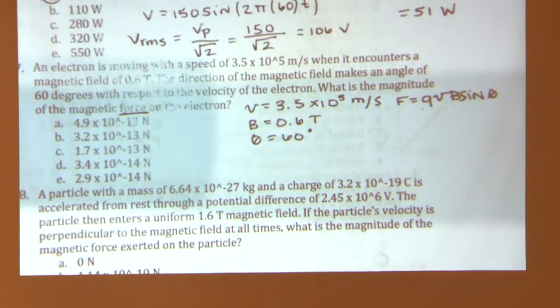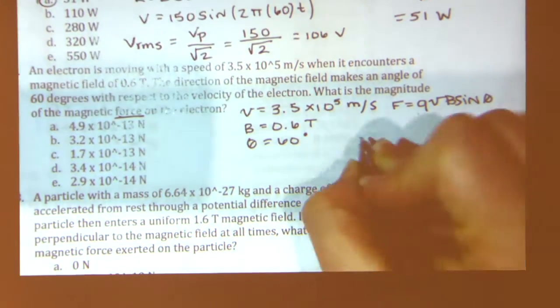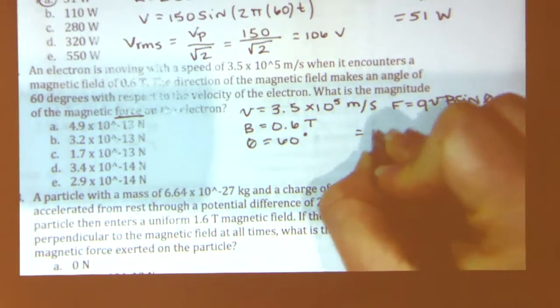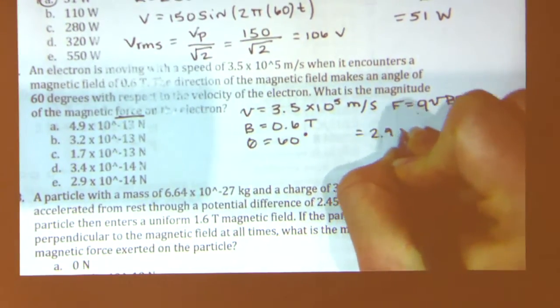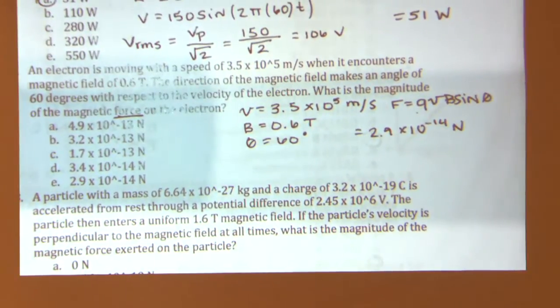Whenever you see velocity and magnetic field, you're probably going to end up using this equation. So we just plug everything in. We just want to find the force so we don't have to manipulate the equation at all. That should give you 2.9 times 10 to the negative 14 newtons, which would be E.